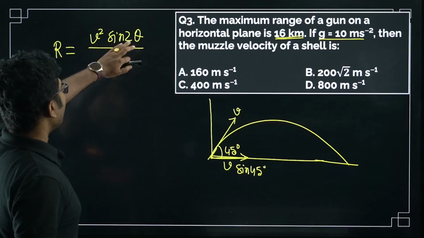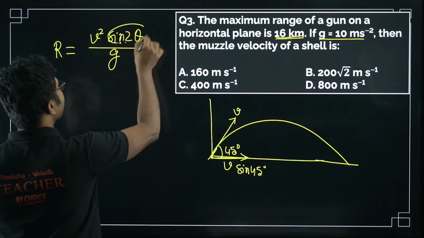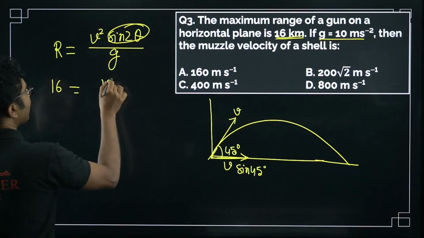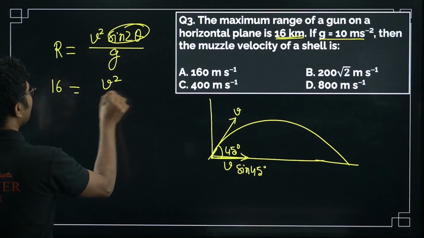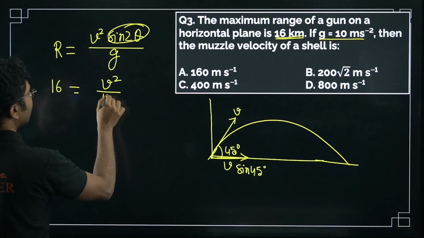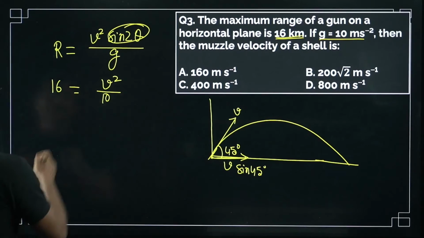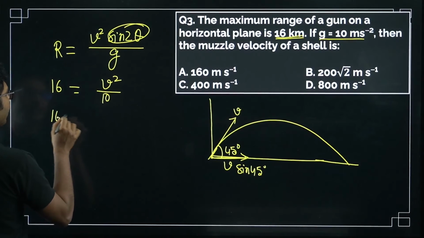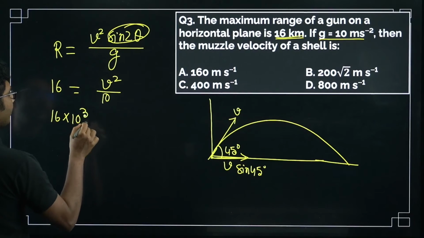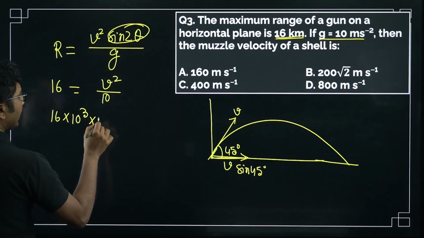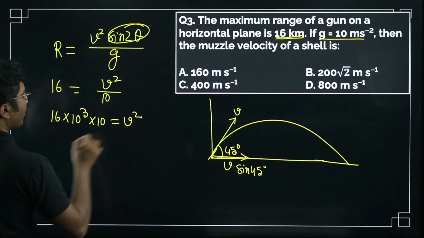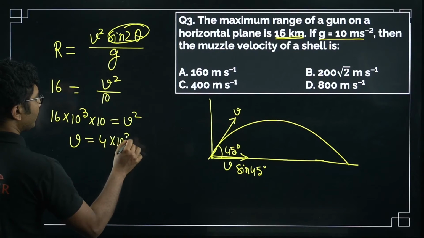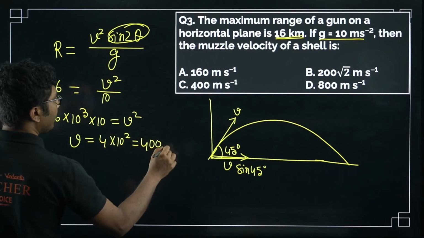So sine 2 theta, with 45 degrees, is 1. So range is 16 km. v square we are trying to find, and g is 10. Now remember here 16 is in kilometers, so we have to convert it into meters. 16 into 10 to the power of 3 into 10 equals v square, or v equals 4 into 10 to the power of 2, that is 400 meter per second.